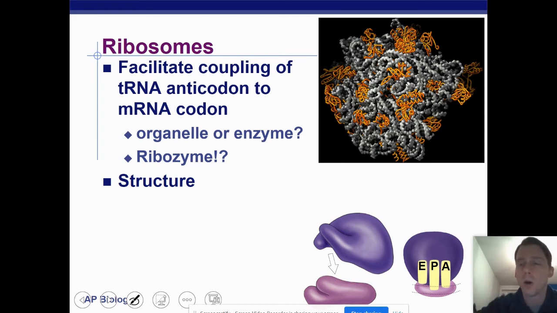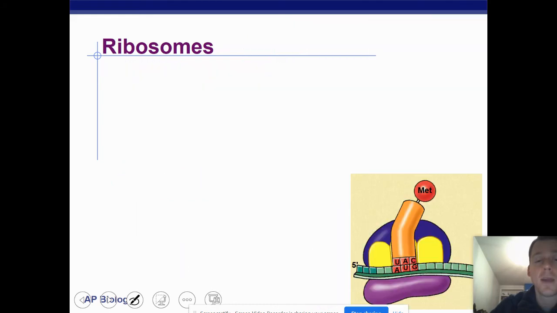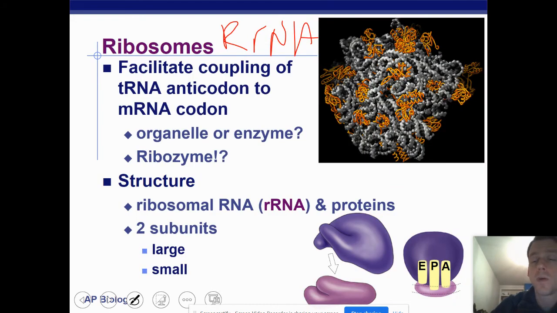Ribosomes are mostly RNA. Remember rRNA that we talked about before? rRNA makes up most of the ribosome, but there is protein in there as well. Ribosomes are made up of 2 subunits, a large and a small, and they come together right around the mRNA. See that in the picture.